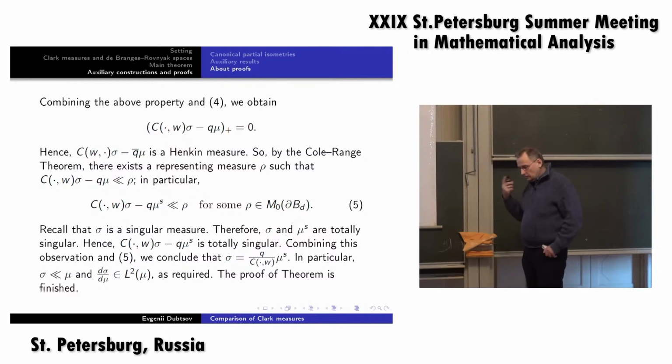And yet another analog of the F and M Riesz theorem, the so-called Cole-Range theorem, guarantees that on the one hand this measure is absolutely continuous with respect to a certain representing measure. But on the other hand, we know from that result on singular parts of pluriharmonic measures that this measure is singular with respect to any representing measure. So this measure should be 0. This is an illustration of how to prove this.